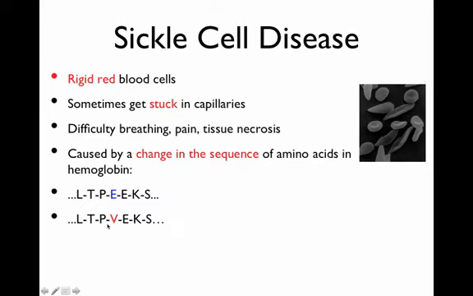So you might say, well, what's the big deal? Why does that cause a disease? If you look on one of the previous slides, you will see that glutamic acid is a hydrophilic amino acid, and valine is a relatively hydrophobic amino acid. And it turns out that because this is a hydrophilic amino acid, people who are healthy, who have the glutamic acid here, make a hemoglobin, and this glutamic acid, because it's hydrophilic, is found on the surface of the hemoglobin molecule.